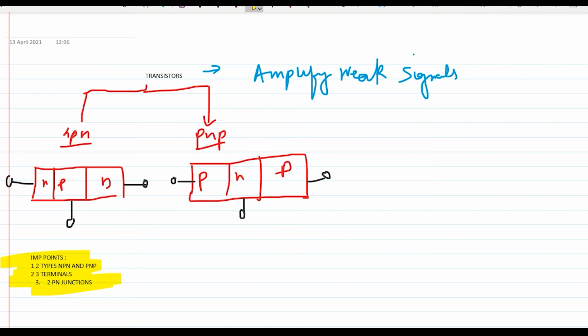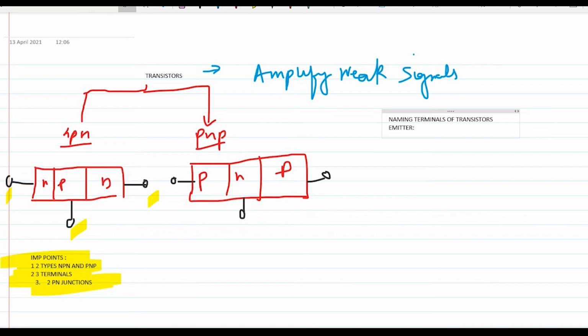Now let us name these three terminals of a transistor. First terminal is the emitter. The emitter is basically a source of forward charge carriers.